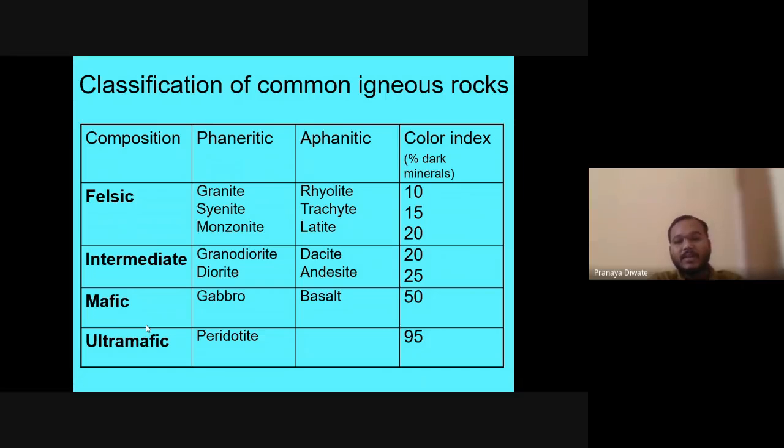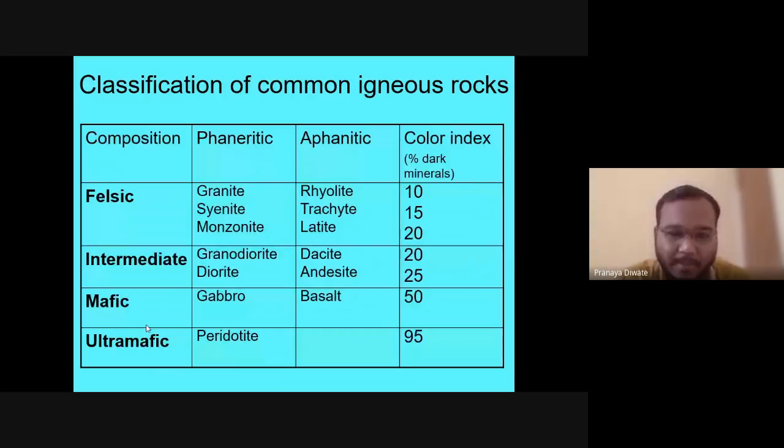Gabbro and basalt have the same mineralogical composition, but the difference is the crystal size. So the only difference between all of these is the crystal size, and the name of the rock changes there.